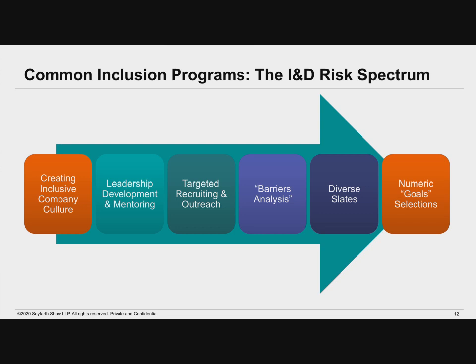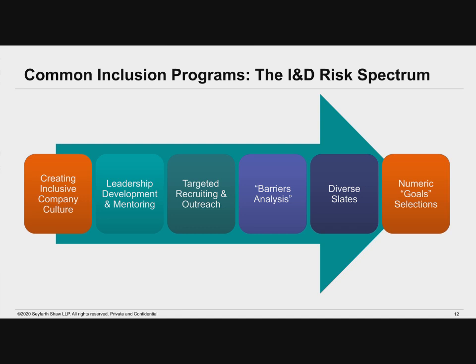And so here we've built, the way we look at it, there's more items we might be able to put on here, but it's, again, a framework for thinking about the way in which there is a spectrum of risk as you tackle certain types of common inclusion and diversity programs. So as Annette covered a minute ago, the idea of simply creating an inclusive company culture generally has low risk. Of course, everything we talk about on this risk spectrum is all subject to the specifics of any given program. So the devil's really in the details.